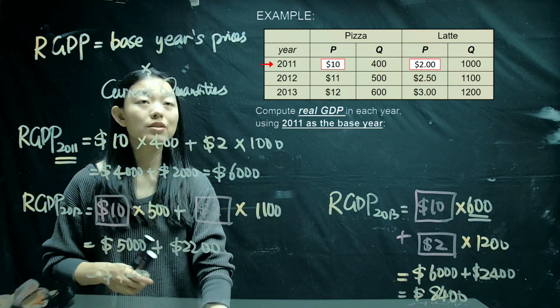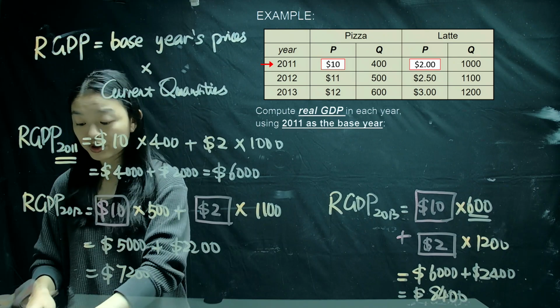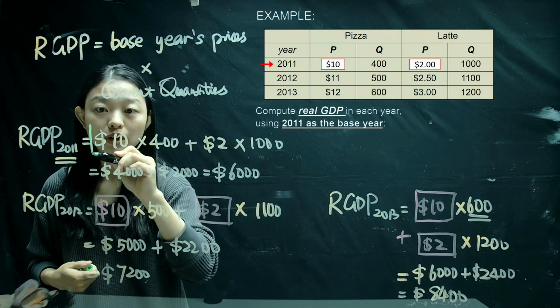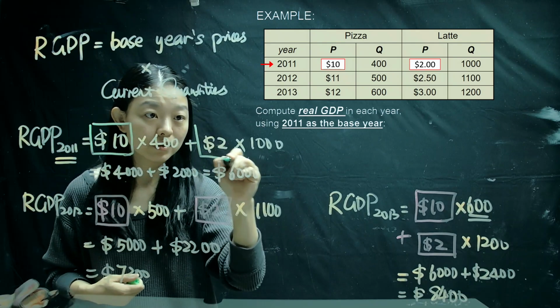So this is the way we compute real GDP. Notice that when we compute real GDP, we always use the base year's price.